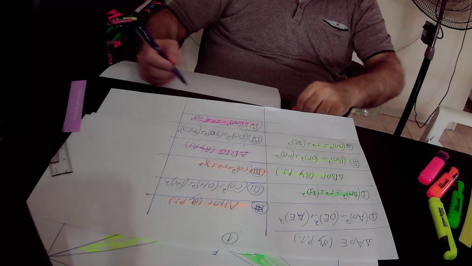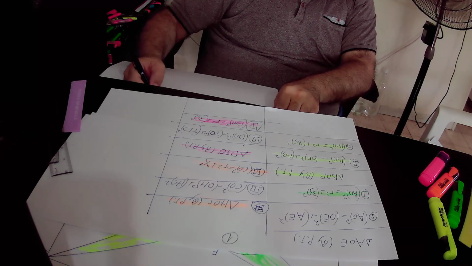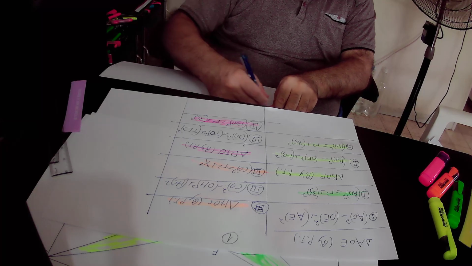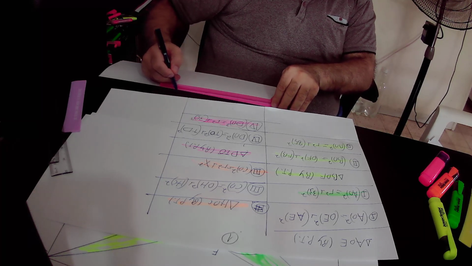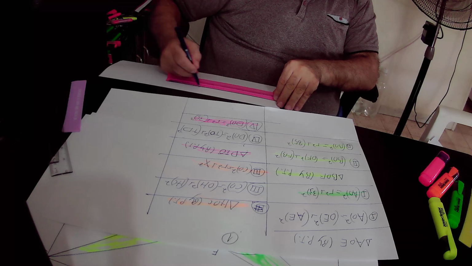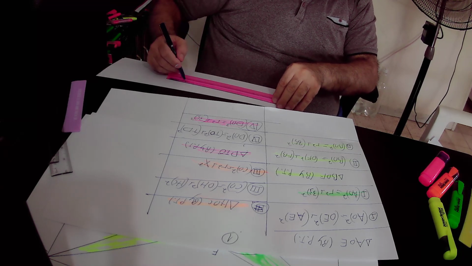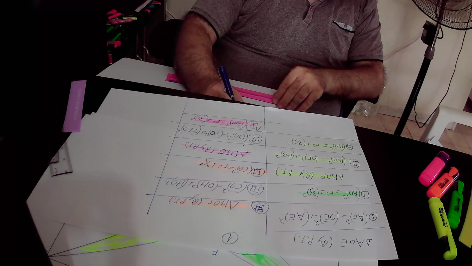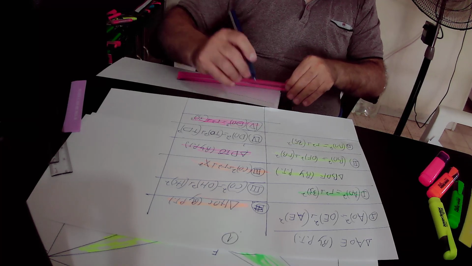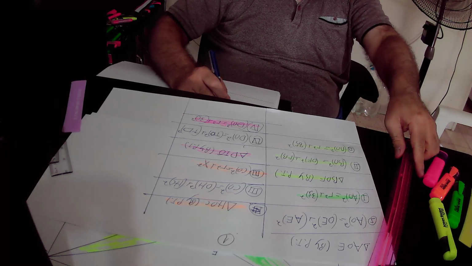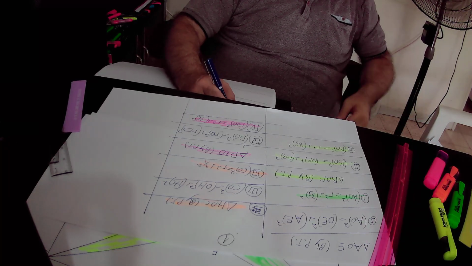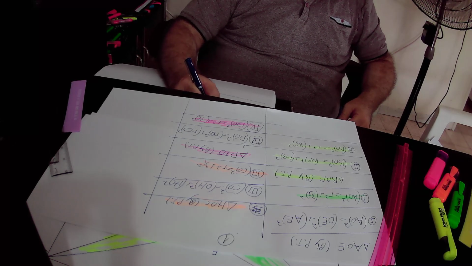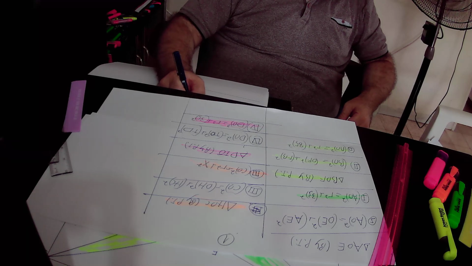So actually, according to equation number 1, we found out that AO square equals R square plus 33 square.